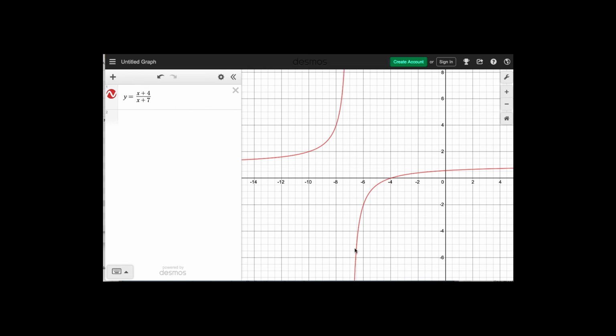Coming up, when we're really close to negative 7, coming all the way up to negative 4, the graph is negative. The graph is below the x-axis. And so that means that the x values between negative 7 and negative 4 are the x values that cause this part of the graph to be below the x-axis. So the solution from that part of the graph are the x values between negative 7 and negative 4.